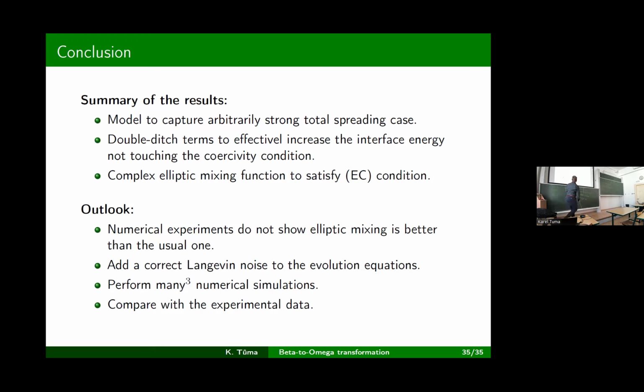So this is the final slide. We were able to derive a model that is capable of arbitrarily strong total spreading case. I will repeat it again from the beginning. In the total spreading case, we want that some phases cannot be in contact, whatever happens, and it means that the parameter kappa 0 in front of gradient theta 0 squared is negative.